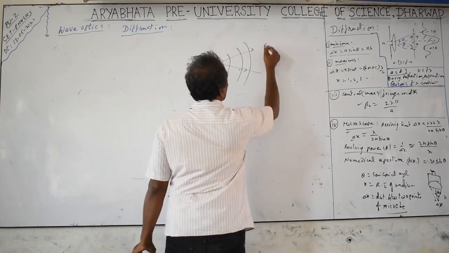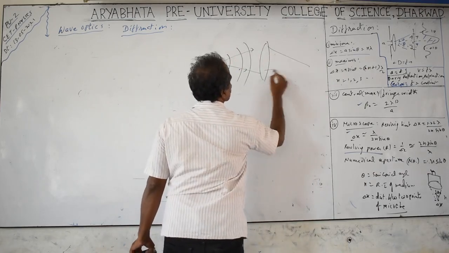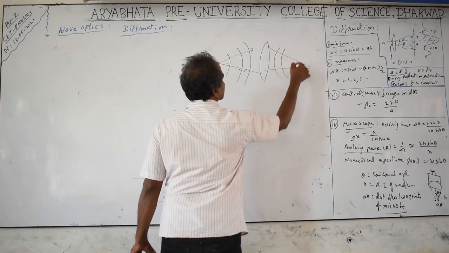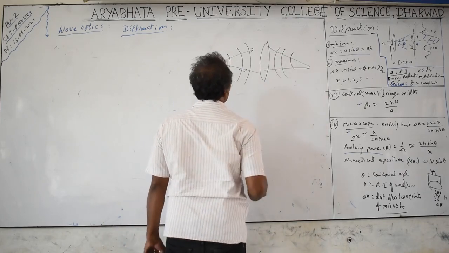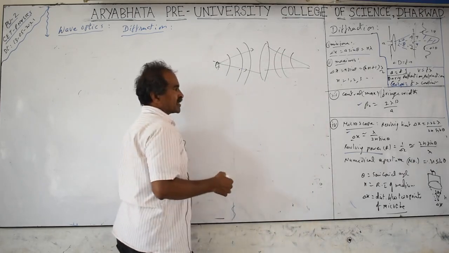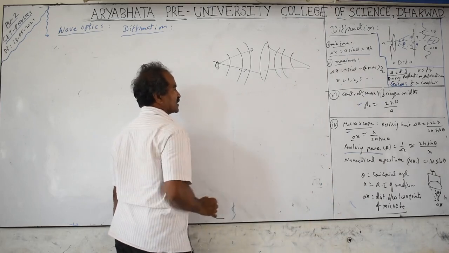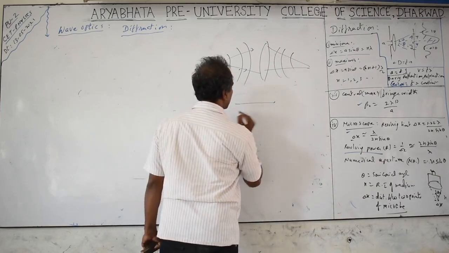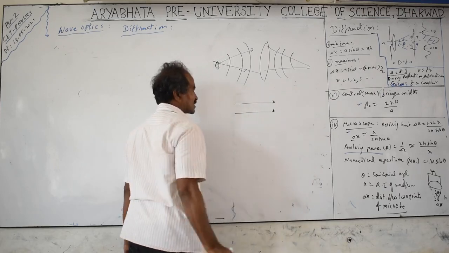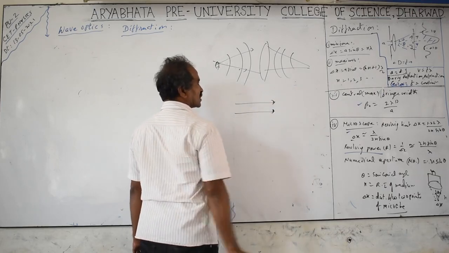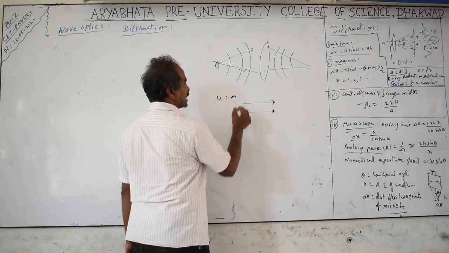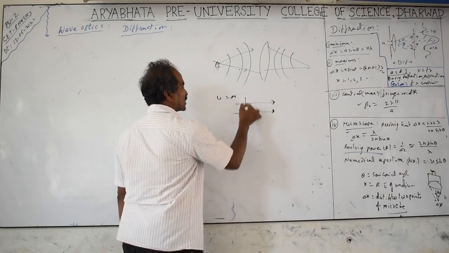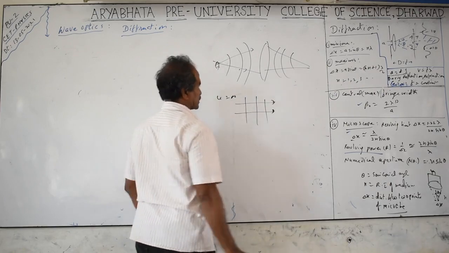If the lenses you are using focus the light rays, then the wave fronts will again be spherical wave fronts. Even if you use a concave mirror or convex mirror, a similar condition you need to consider. And if the light rays are parallel rays coming from distant stars, long distance objects, with object distance equal to infinity, you have to take them as parallel light rays, and the wave fronts will be plane wave fronts.